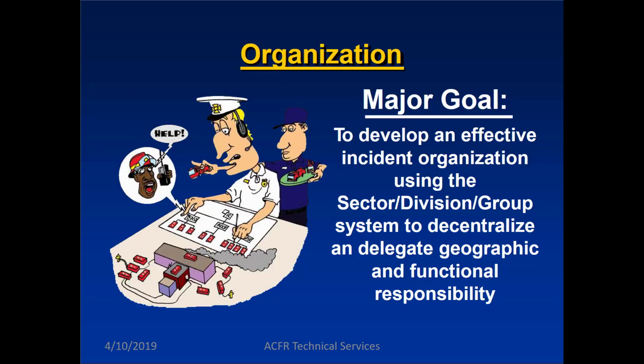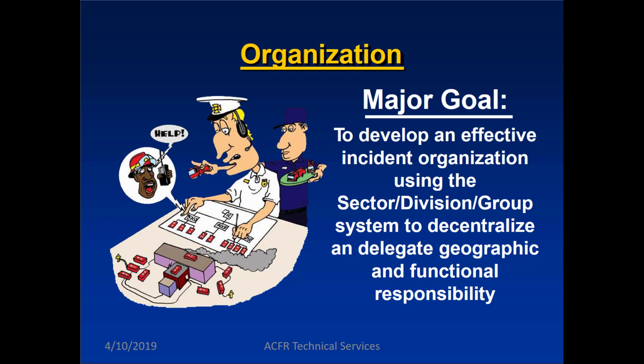So organization of these units, and the major goal in Blue Card in this function of command is to develop an effective incident organization using that sector division group system to decentralize and delegate geographic and functional responsibility. So the incident commander, instead of trying to handle Engine 24, Engine 81, Squad 23, Quint 23, and these different units in different areas, they may establish somebody as the operations sector, or it could be Division Alpha or Division Charlie.